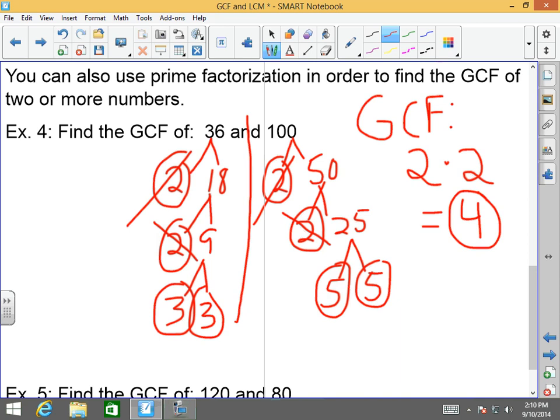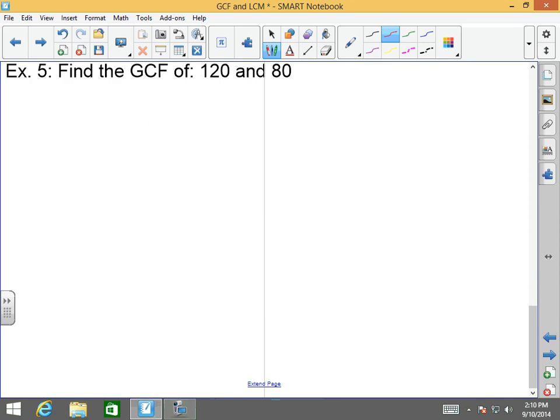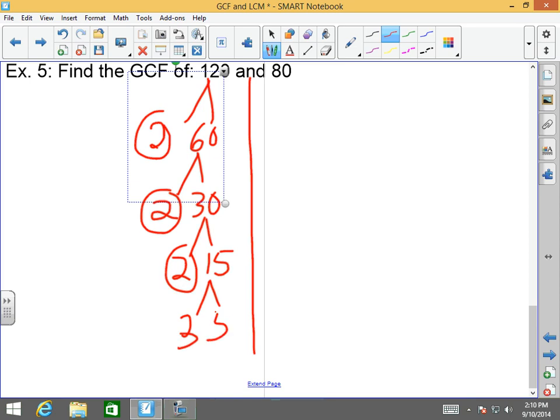Okay, let's do another one. Okay, 120 and 80. 120 can break down into 2 times 60. 60 can break down into 2 times 30. 30 can break down into 2 times 15. 15 can break down into 3 times 5. Prime, prime. I'm done.